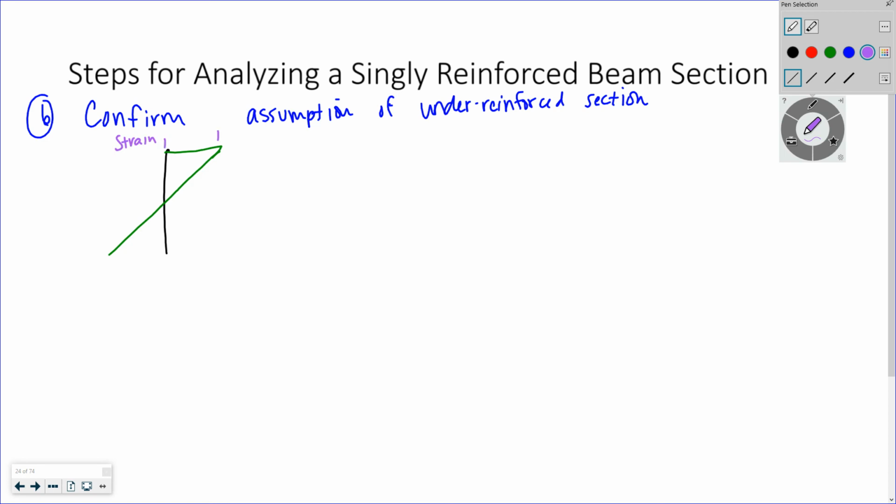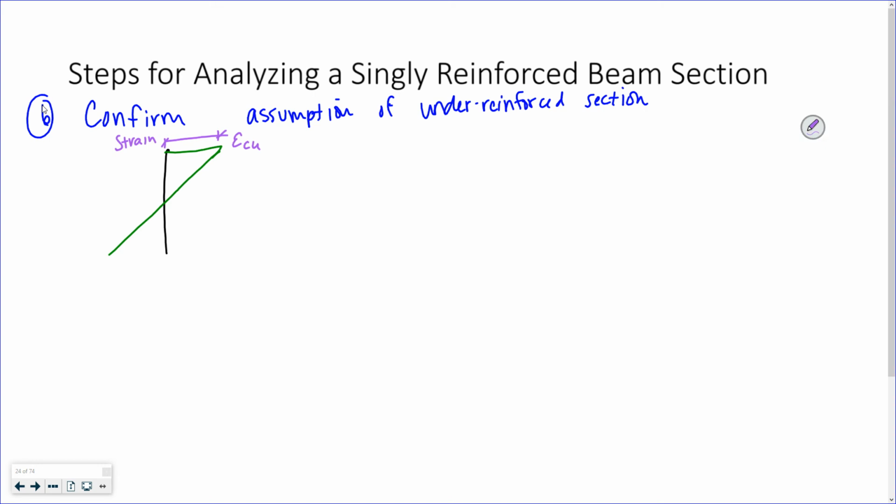I assumed that this value is always going to be ECU. What I need to know is ES. And I just calculated the depth to my neutral axis, C, and the distance D, the distance from my extreme compression fiber to the centroid of my steel.